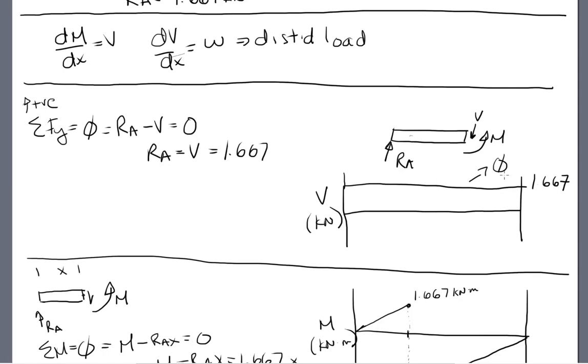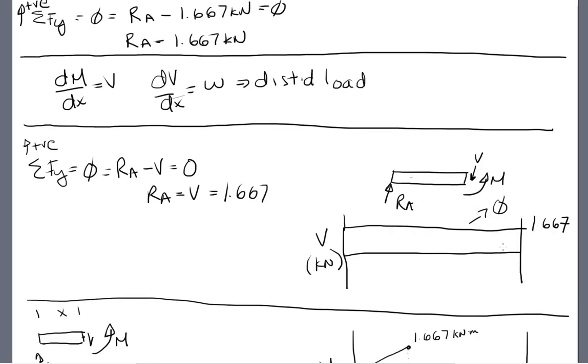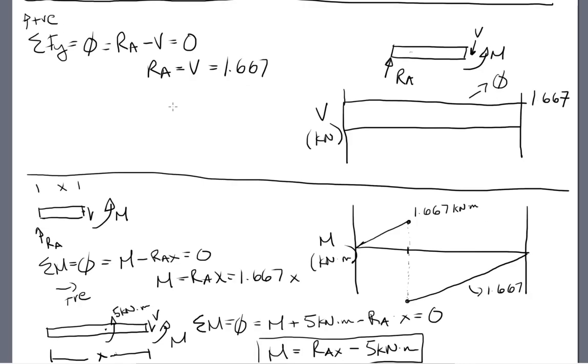This slope is 0. dM by dx equals V, sorry. Well, this is 1.667. So I've got 1.667 up to here. I get my 5 kilonewton meter applied load, which makes this now your moment negative. And then we continue on at 1.667. So these relationships are maintained, which results in these two shear and bending moment diagrams.